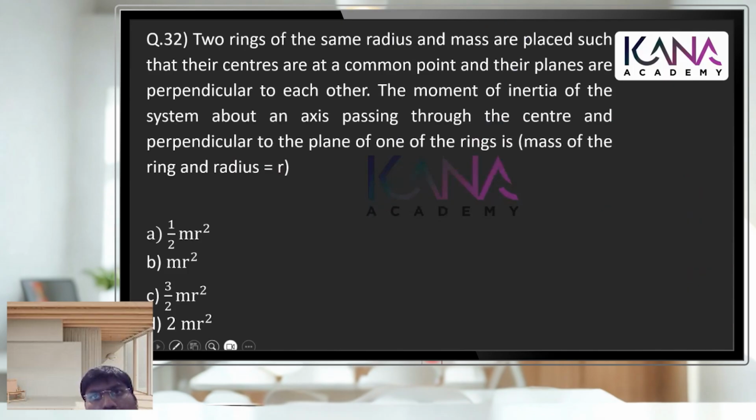Okay. So 32. There are two rings with their planes perpendicular. Find I about the axis through the center perpendicular to the plane of one ring. So let's take ring 1. For ring 1, I1 should be m r square.